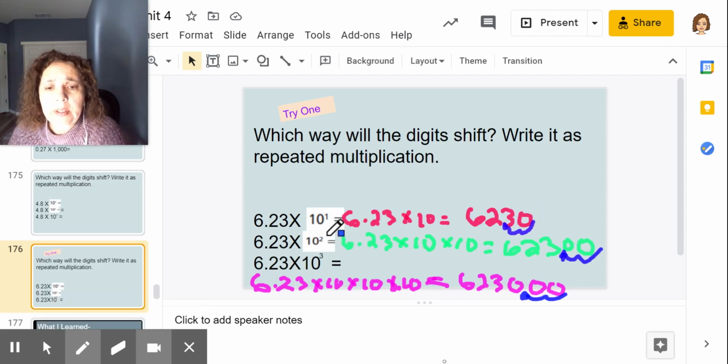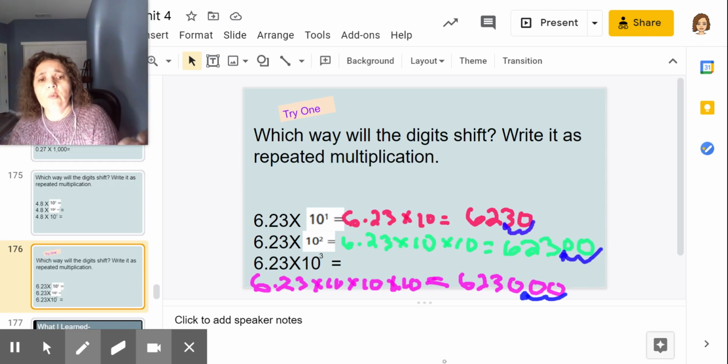The next one, 10 to the second power, tells me I have two tens, so 6.23 times 10 times 10, which is the same thing as 623 times 1, which is 623, and then I have two zeros, two decimal places, it becomes 623.